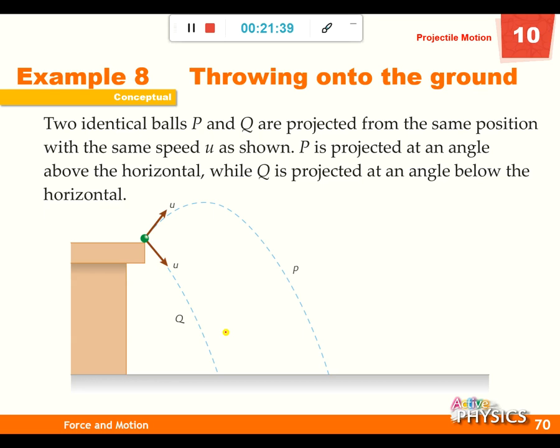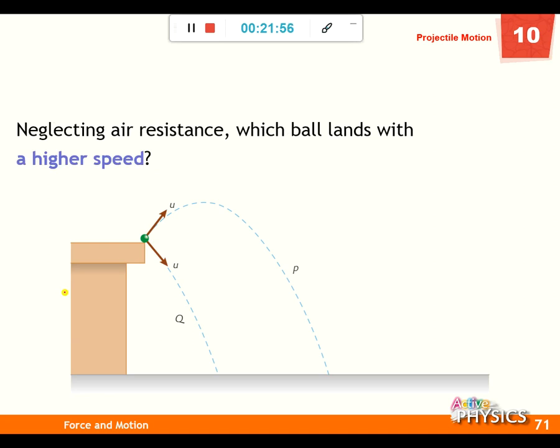Okay, next one. Example 8. In this one, focus on different paths P and Q, using the same projection speed but a difference in projection angle. Here, which one lands with the higher speed? Of course, we have two approaches.